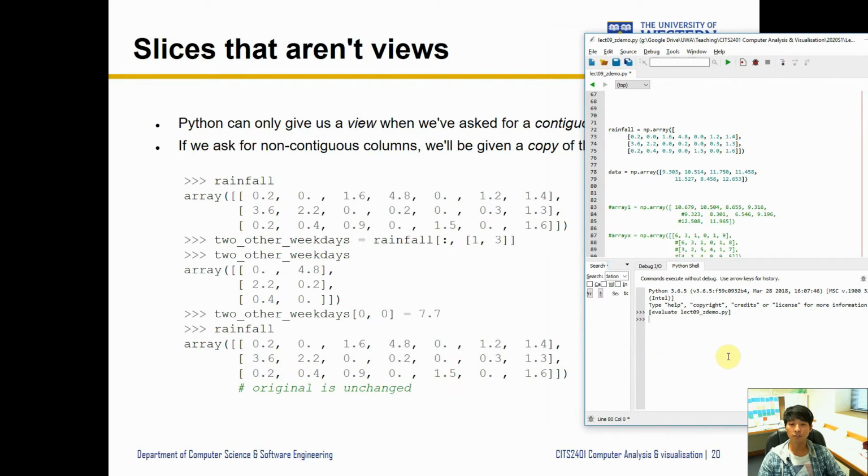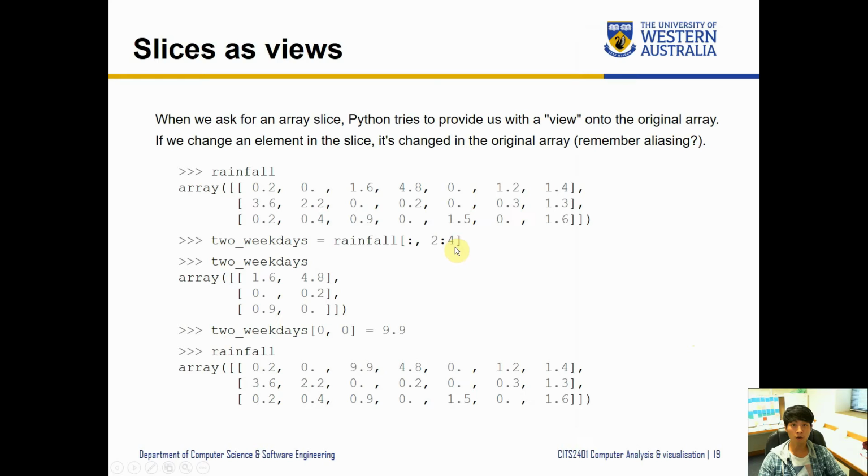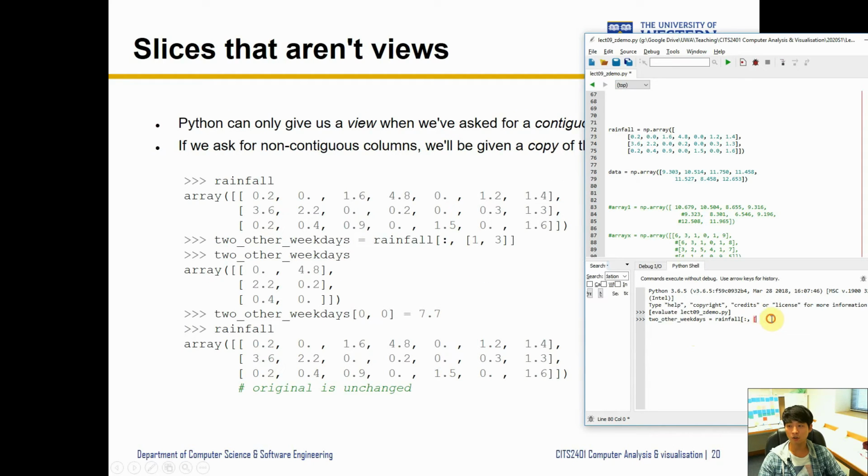So we have seen that by specifying non-continuous columns, we can avoid the aliasing problem because it's going to create a copy for us. So what we can do is create 2 other weekdays equals rainfall column. The previous example was, what was it? 2 to 4. So that's essentially looking at columns 2 and 3.